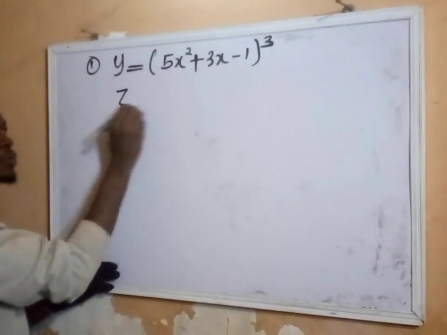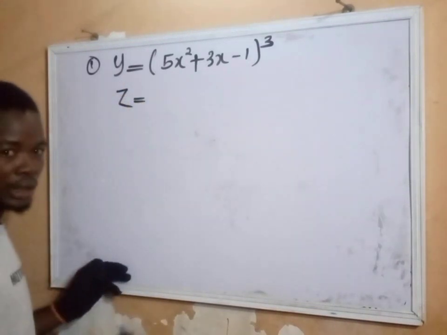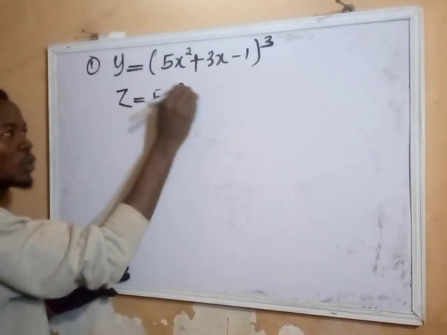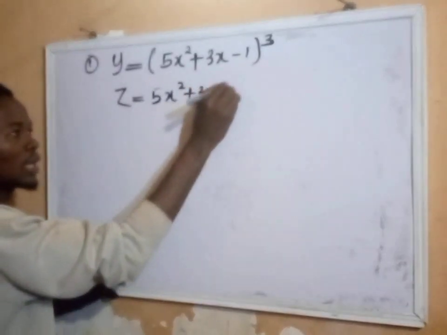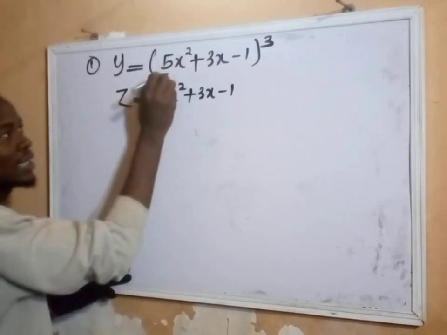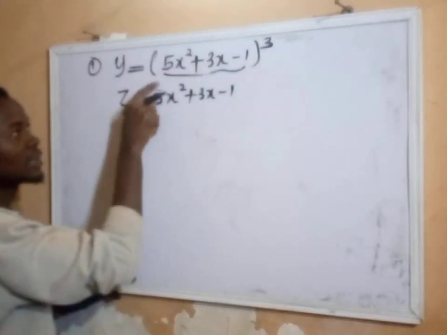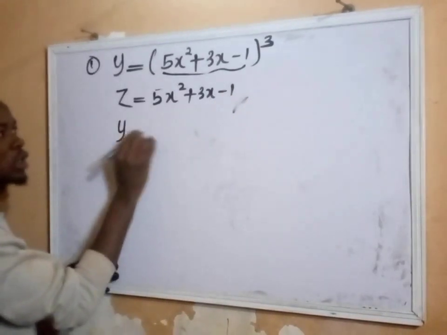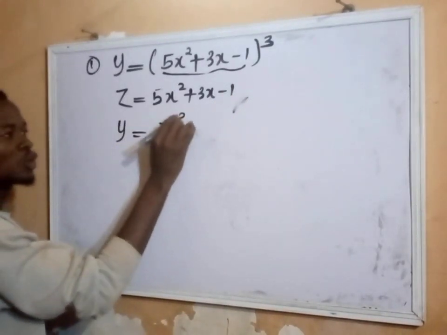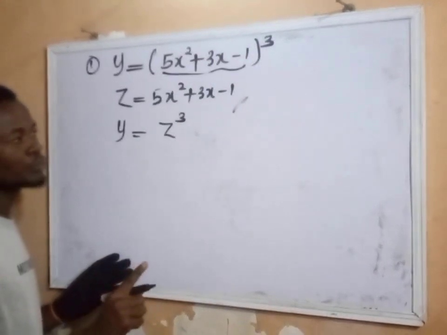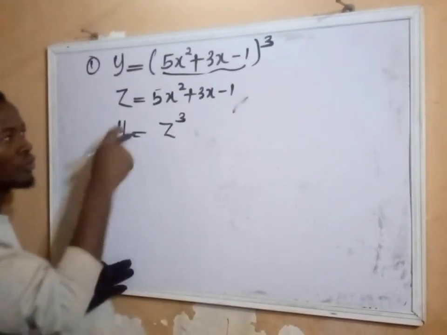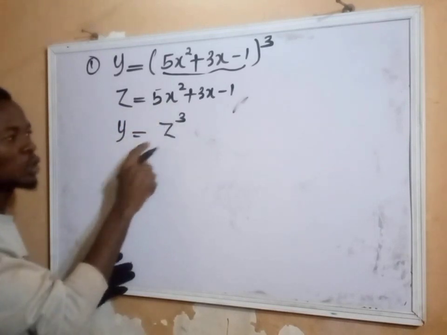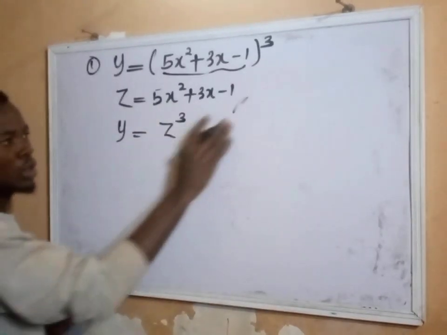Suppose I choose z, as was used in the examples above. z equals to 5x squared plus 3x minus 1. So as far as I let all this be z, we are going to have y equals to z raised to power of 3. Then the next thing to do is to find the derivative. So you differentiate this one with respect to x, and this one with respect to z.